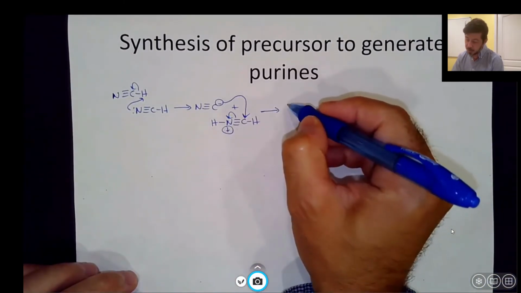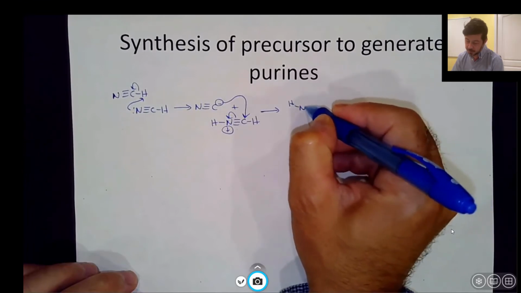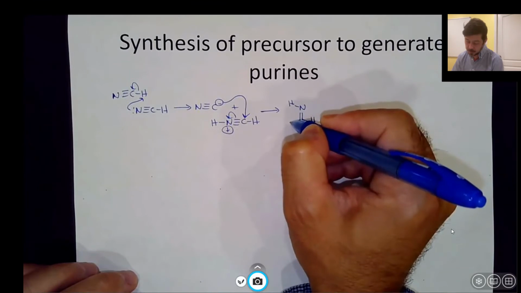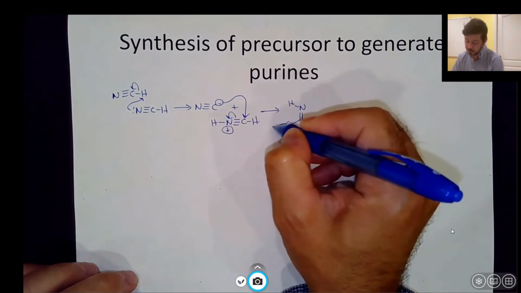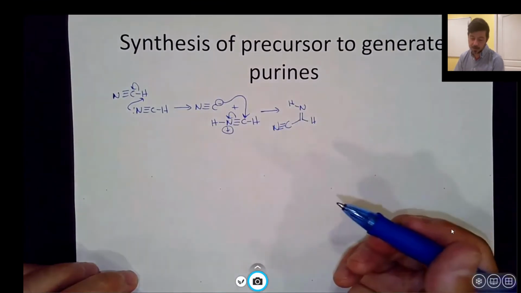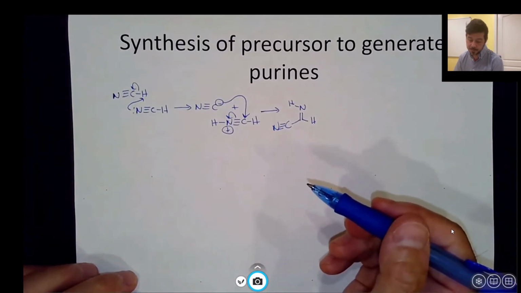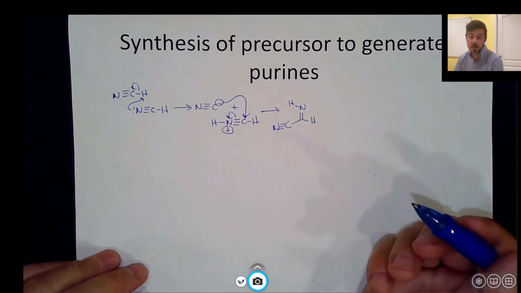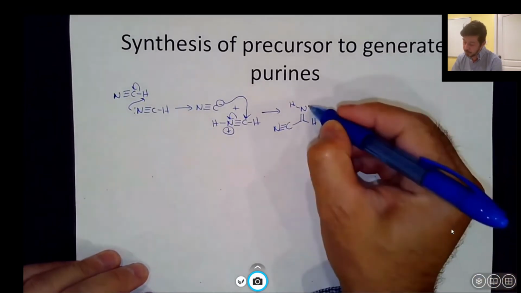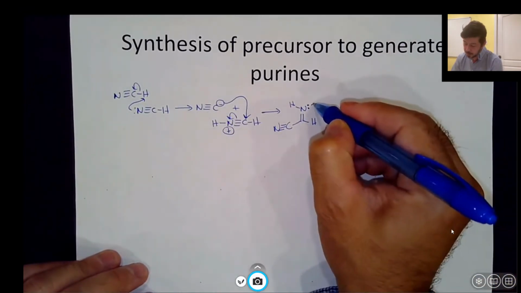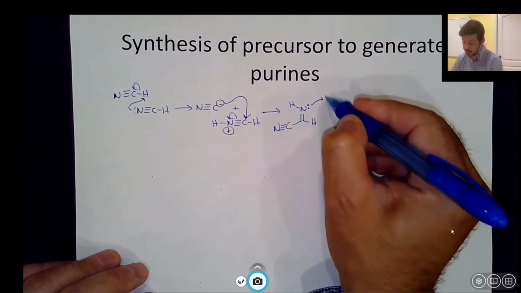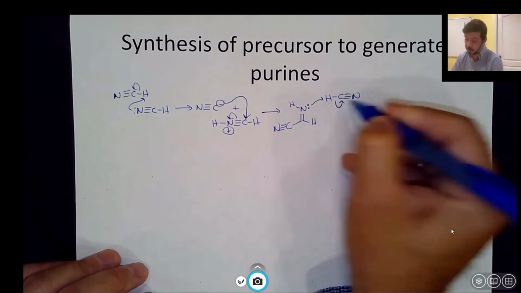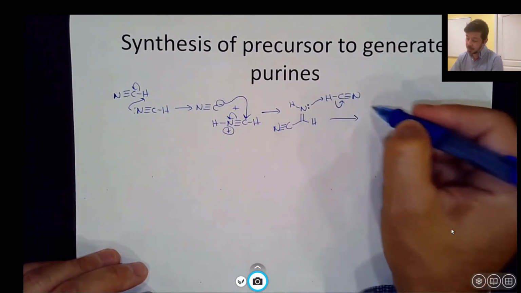So once that happens, we generate this molecule here that has this imine-like functionality. So we've literally just had these two molecules come together, and at this point we could do the same thing over again. This nitrogen here is basic, and it can pick up a proton from a different molecule of hydrogen cyanide, just another acid-base reaction.